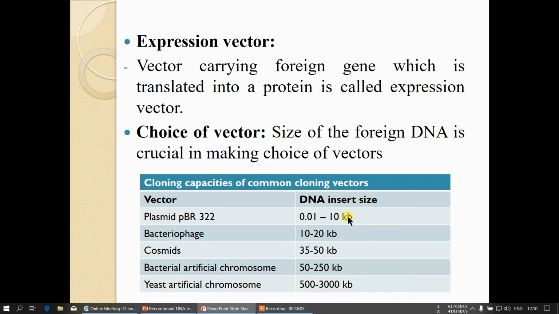Bacteriophage takes somewhat larger, 10 to 20 kb. Cosmids take 35 to 50 kilo base pairs. Then bacterial artificial chromosome takes 50 to 250 kilo base pairs. Yeast artificial chromosome takes 500 to 3000 kilo base pairs.